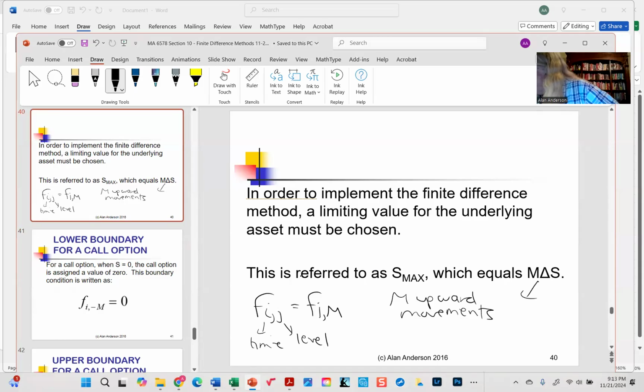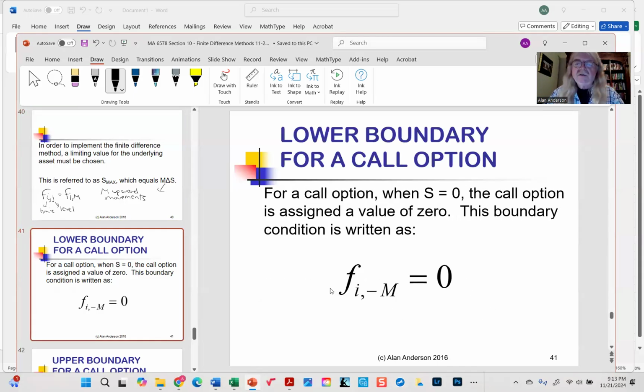And here, it's the other way around. So within a given time step, this is the top of the grid. This is the bottom.